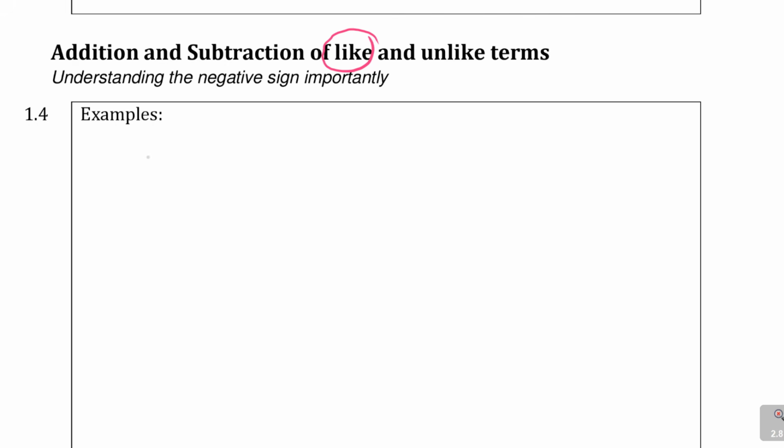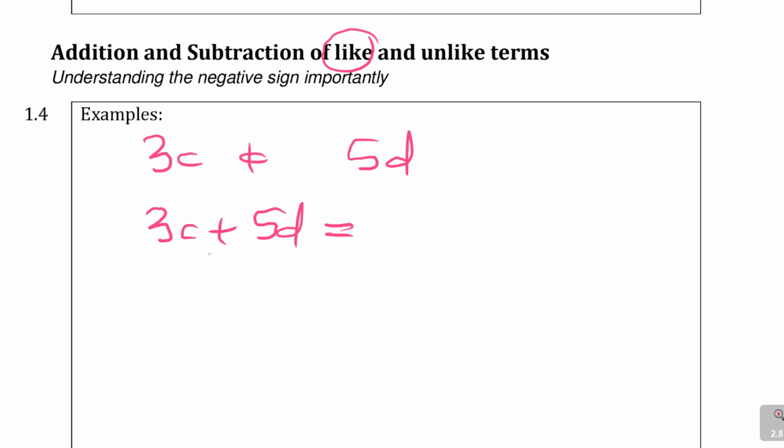Now there is another example. If I say, practical example, I have got 3 cows and I've got 5 dogs, and then I say add the cows and the dogs. So it will be 3 cows plus 5 dogs. If I say add them together, you can't tell me now that you're gonna add 3 plus 5 and then you get 8. 8 what?